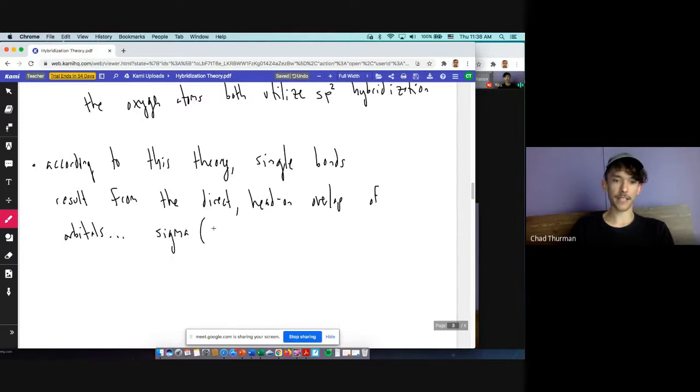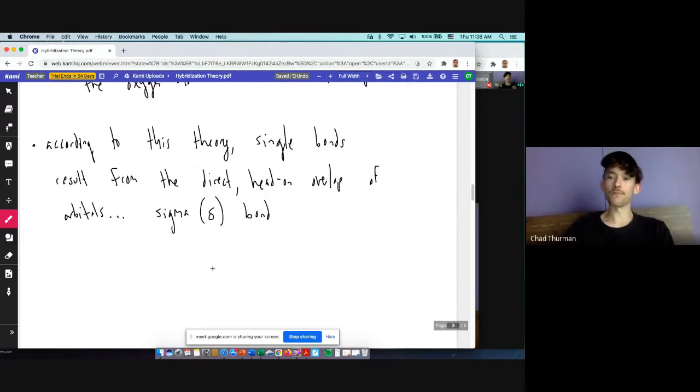We call that sigma bonding. So really simple, you need to know that single bonds, we call them sigma bonds in this theory. I'll explain what I mean by the overlap thing later. You do need to know it, but you don't really need to understand it unless you're just curious. I'll explain it in a moment.